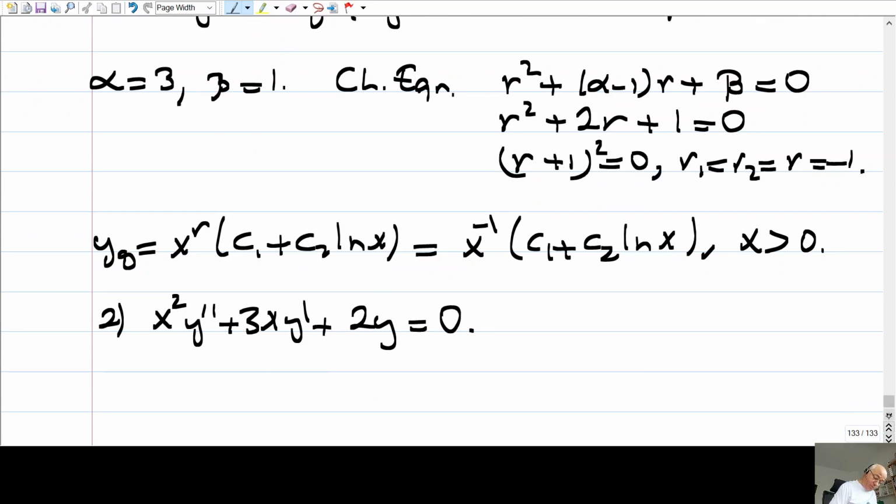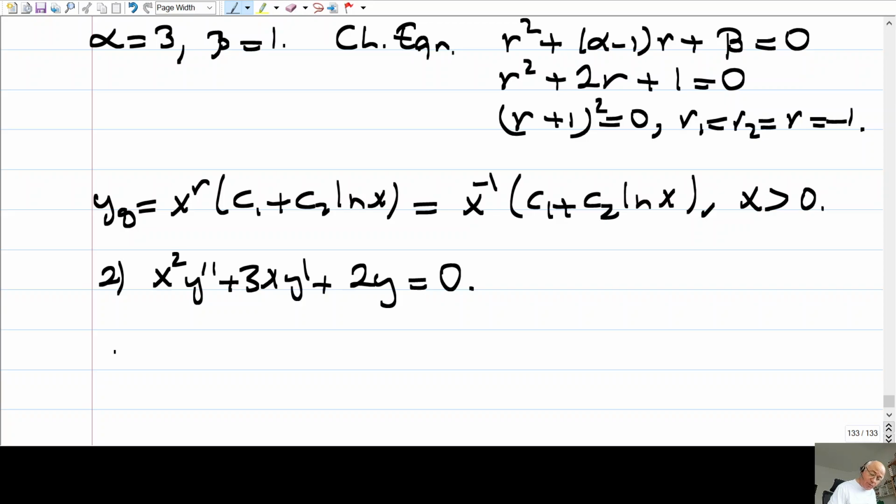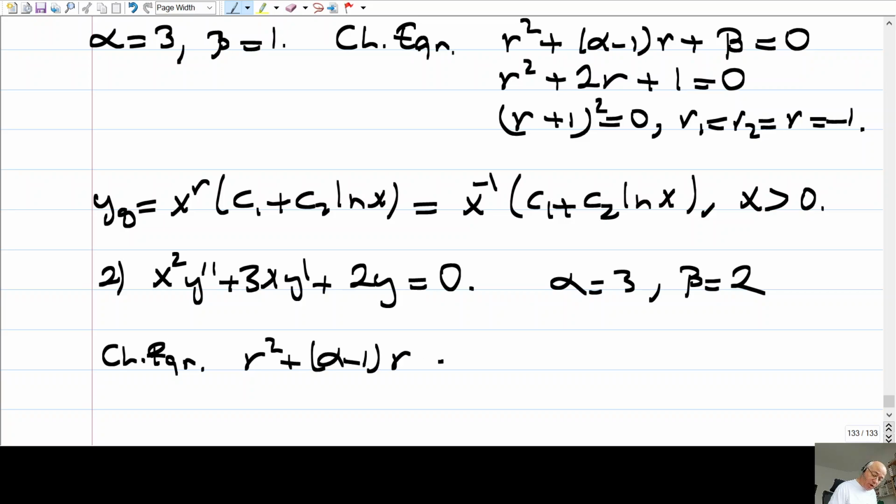Now what is the equation? Alpha equals 3 again, and beta is equal to 2. So we have r squared plus alpha minus 1 r plus beta equals 0. So we get r squared plus 2r plus 2.